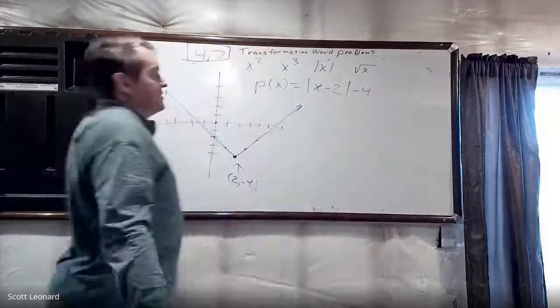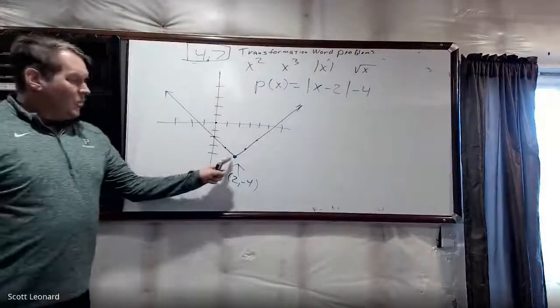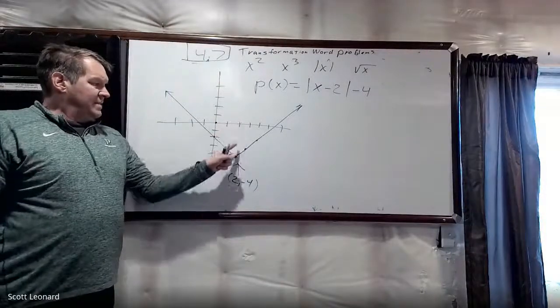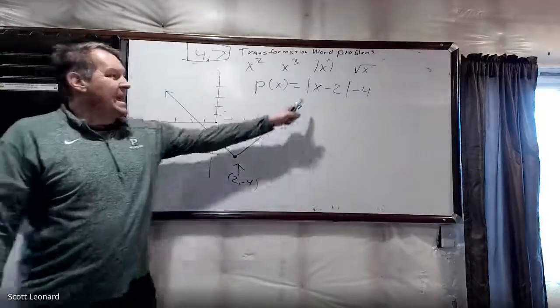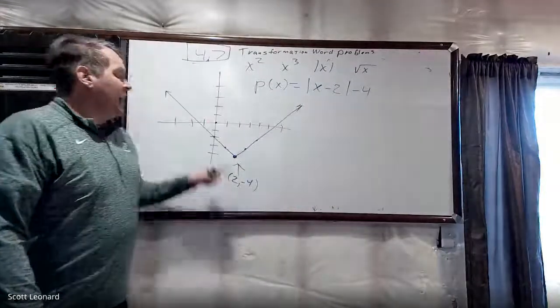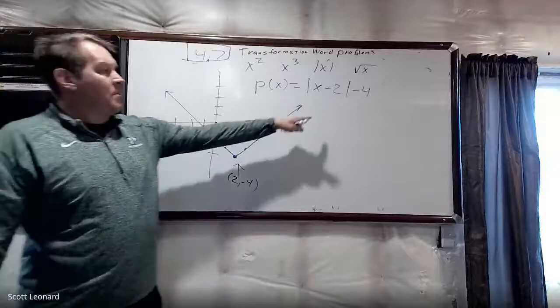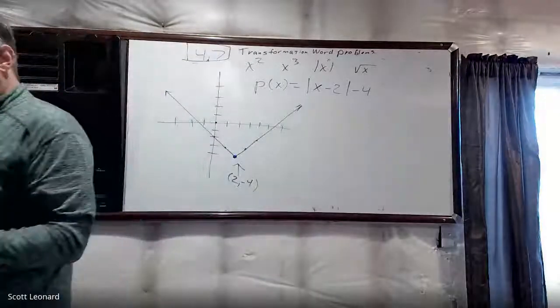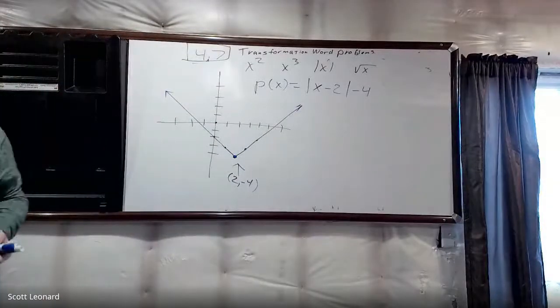Would it be -2 and then -4 at the end? You got it. -2 and -4. So once again, it went 2 to the right. That's the positive direction. So inside we do the opposite. And it did go down 4, so we wrote -4 at the end. All right, everybody good? I'm going to do one more of these, and that will be the end of our lesson.